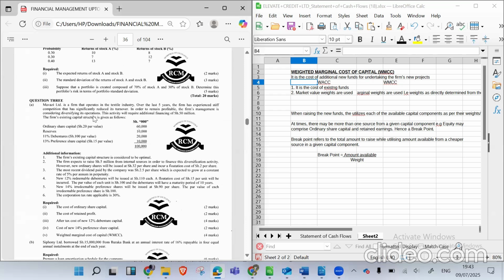The firm's existing capital structure is given as follows. We have ordinary share capital and reserves, the two will form equity, 11% debentures par value 100, and 13% preference shares par value 15. The firm's existing capital structure is considered to be optimal. Very important: under WMCC, the capital structure must be optimal, and optimal means it is fully utilized.